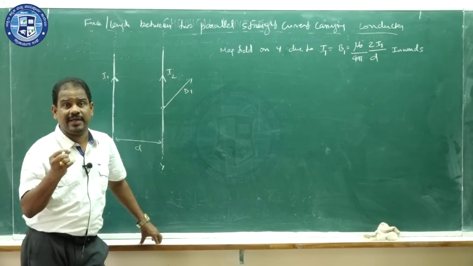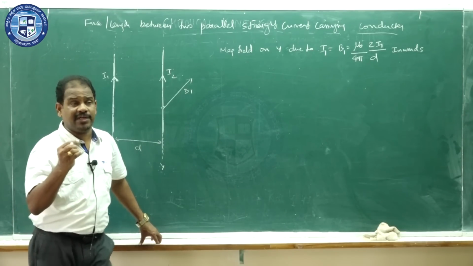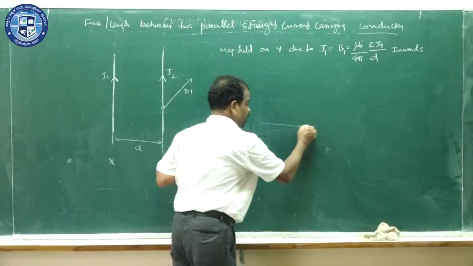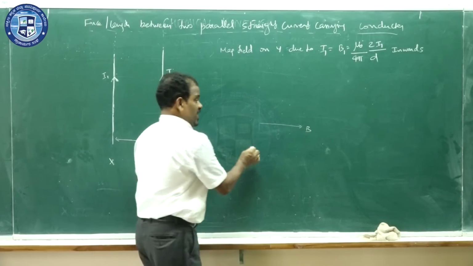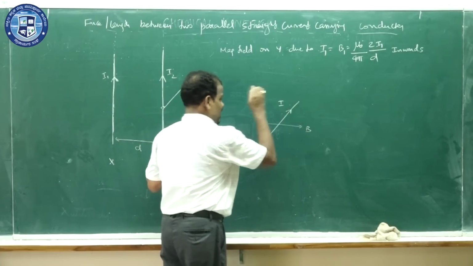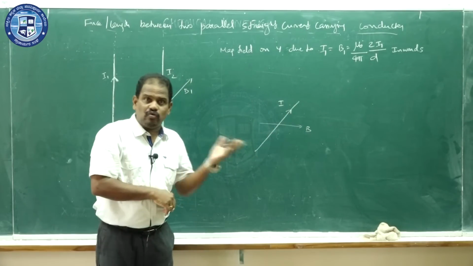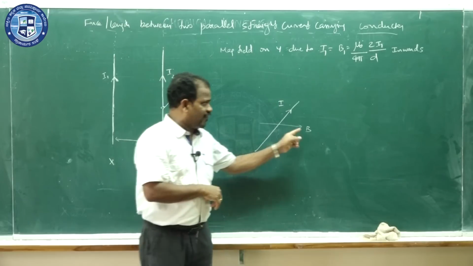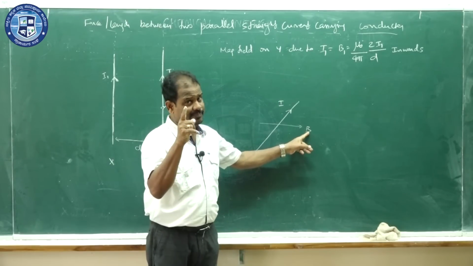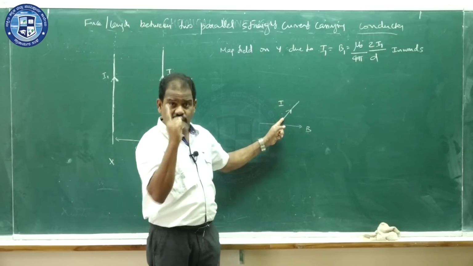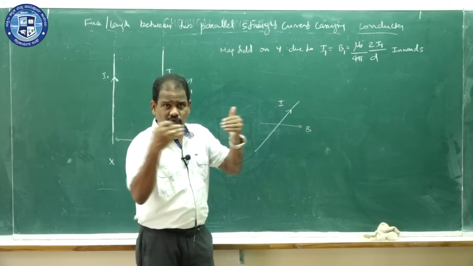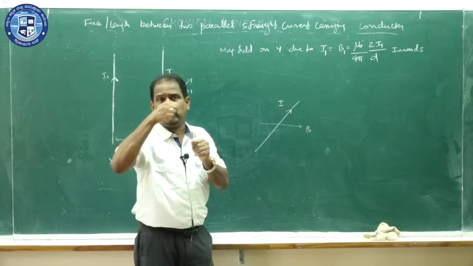That means if there is a magnetic field B, and in that magnetic field I keep one wire which carries current I, then two magnetic fields are there, and whenever two magnetic fields are there, there is a force.